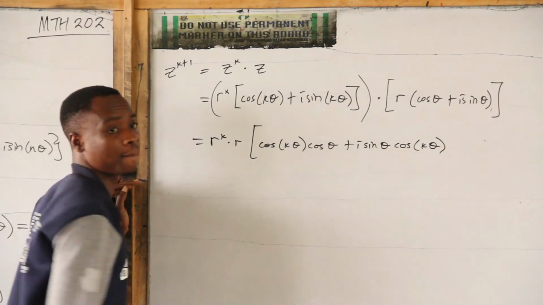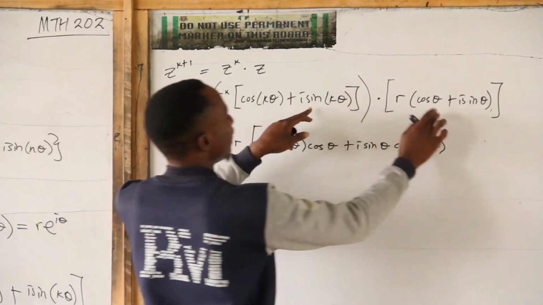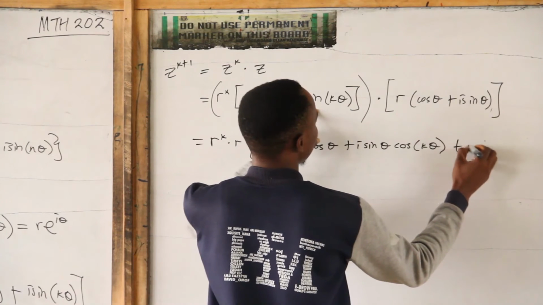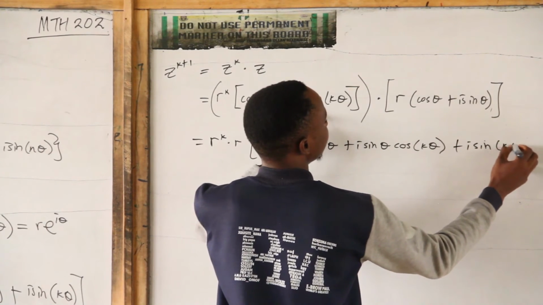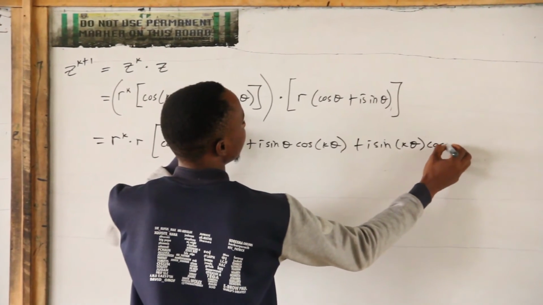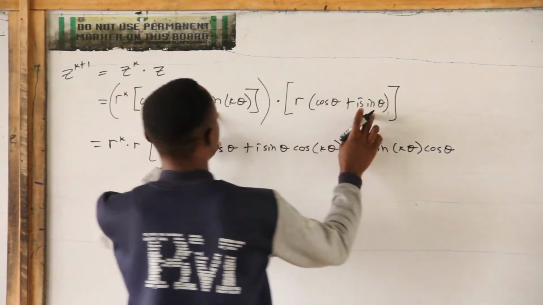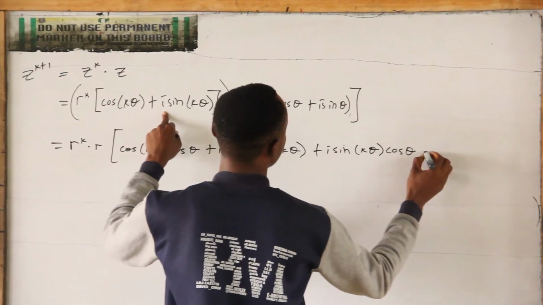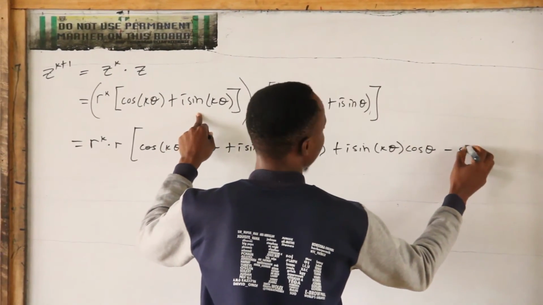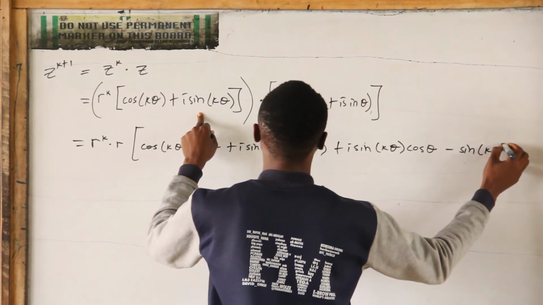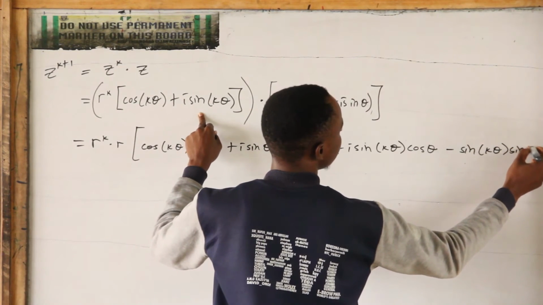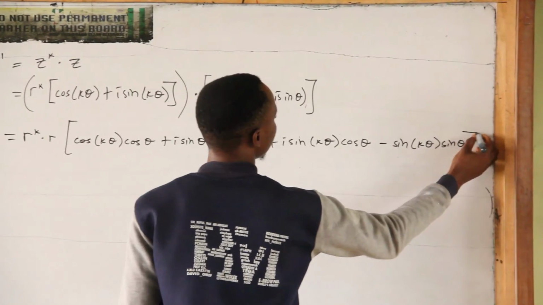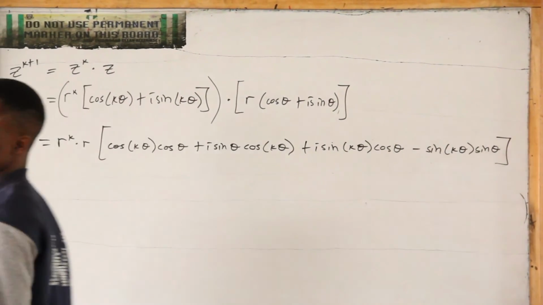Then I have this multiplied by this, that will be plus i sine k theta multiplied by cos theta. And I have this multiplied by this, i times i is minus 1, that will be minus sine k theta sine theta. So I'll close the bracket, right? Is it making sense? Yeah.